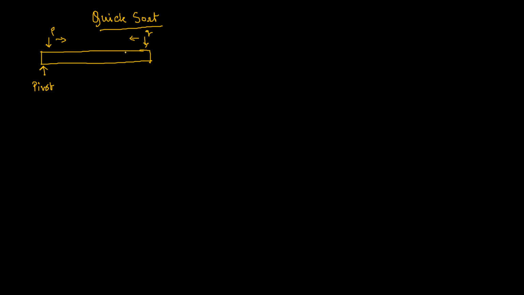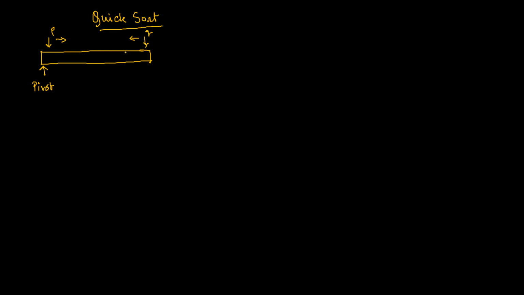So with P and Q, basically our goal is to keep P and Q closer and closer, and a time will come when we see that P and Q have crossed each other, and then they stop.